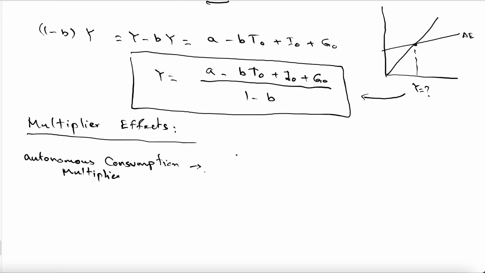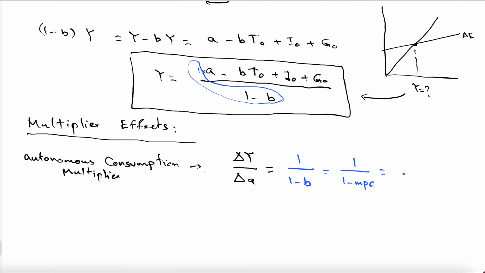And that is the change in equilibrium income as a result of a change in A. If A is increasing, this is shifting upward. If A is decreasing, this is shifting downward. So the coefficient is 1 multiplied by this factor. Okay? So it is 1 over 1 minus B. Or if this is MPC, we could say 1 over 1 minus MPC.